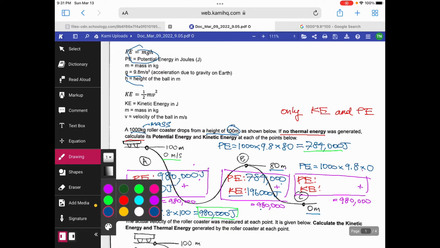And so that multiplied together equals 0. So the potential energy of the cart is 0 joules here. The unit of energy is joules, which is what I'm writing for all of the energies. And the kinetic energy of the cart then, because these two numbers have to add up to be 980,000, has to be 980,000.